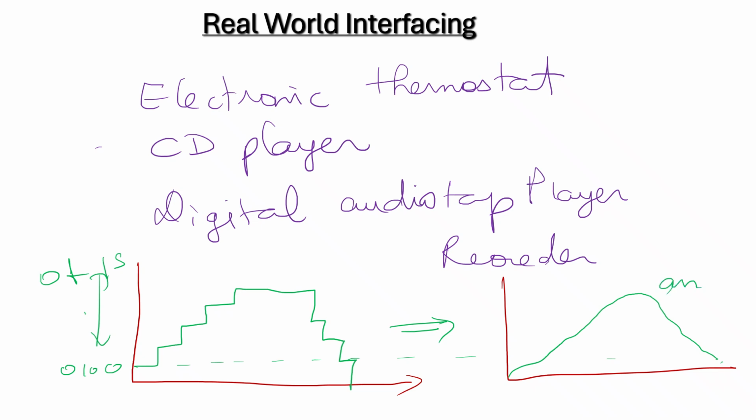So this is the analog signal with continuous values, and these are digital signals. So a real world interfacing circuit needs these kind of conversions. So digital to analog is carried out, as well as analog to digital. Hence, we can call them a bidirectional conversion.